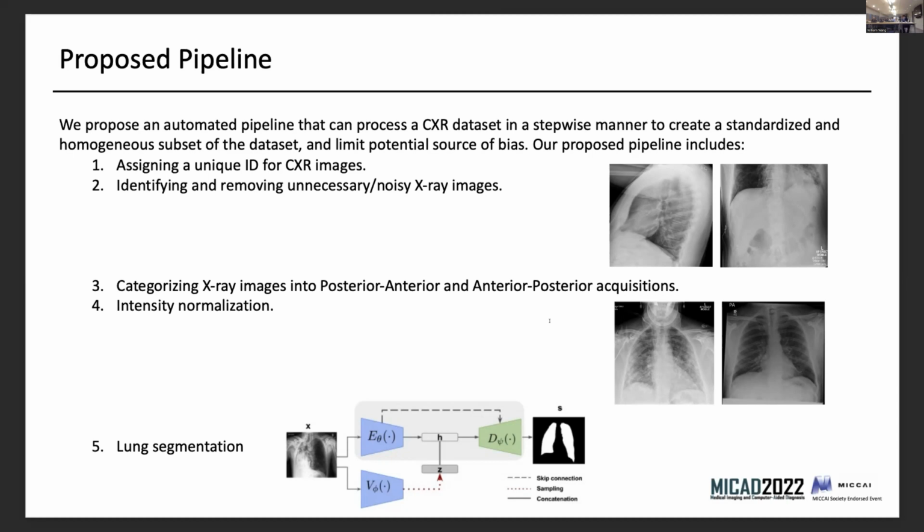The fourth step is intensity normalization, which is basically histogram equalization so that we can increase the contrast of the image and see the potential opacification better. And the final step is using a model with an encoder together with UNet to segment the lungs in COVID chest X-rays.